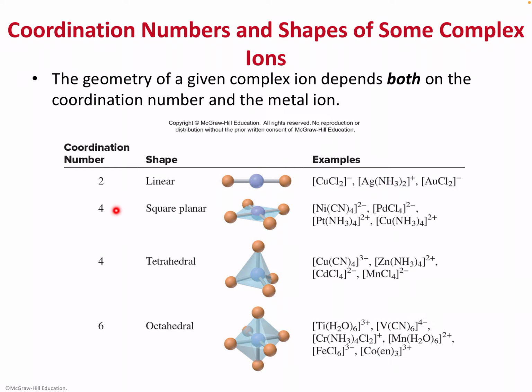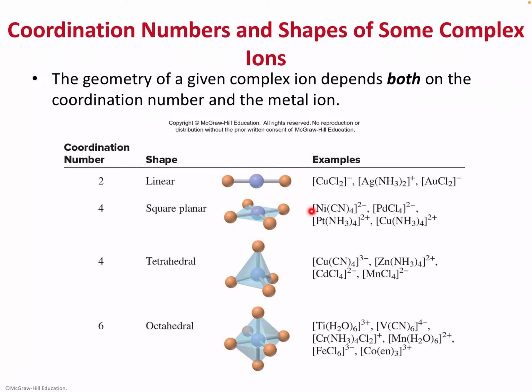When you have coordination number 4, there could be 2 forms. One is square planar, the other one is tetrahedral. For the square planar ones, you have a metal atom at the center, nickel, and then 4 cyano groups, 1, 2, 3, 4. Another one, palladium with 4 chlorides, platinum with 4 ammonia, copper with 4 ammonia.